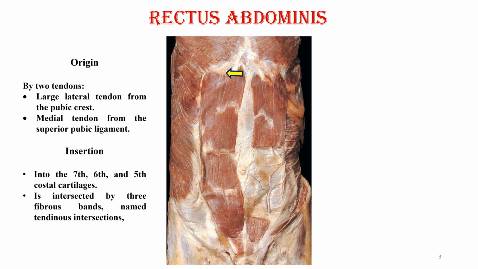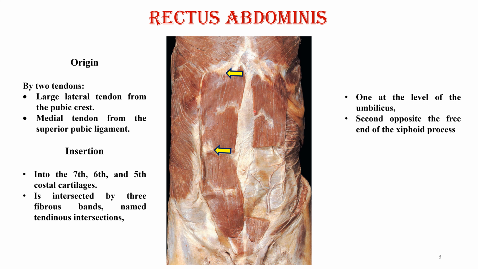It is supplied by the lower 6 thoracic nerves, so it develops from the lower 6 thoracic somites, which fuse together to form that muscle. That is the indication of the fusion of all the somites to form one muscle, which is not seen in other muscles. So that is the intersections.